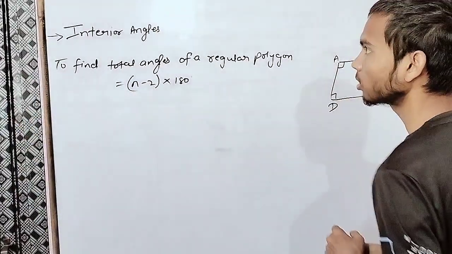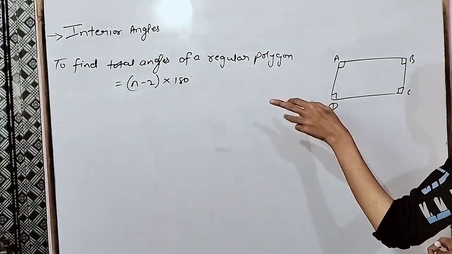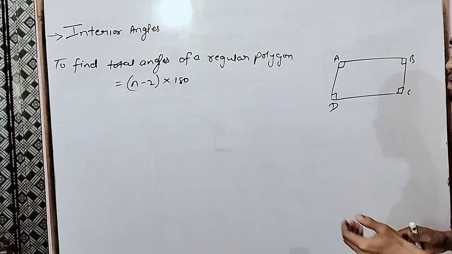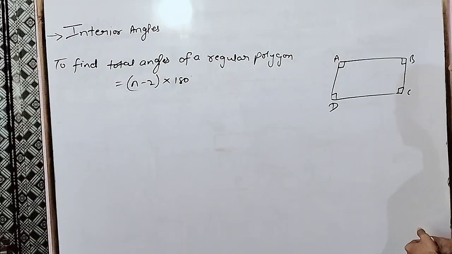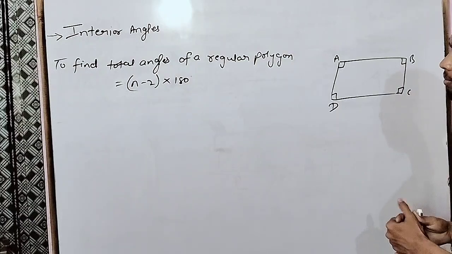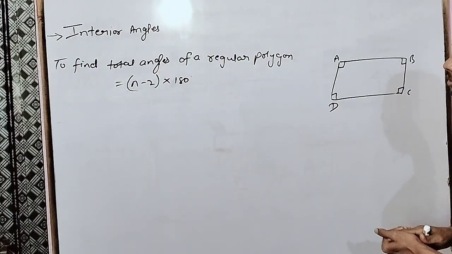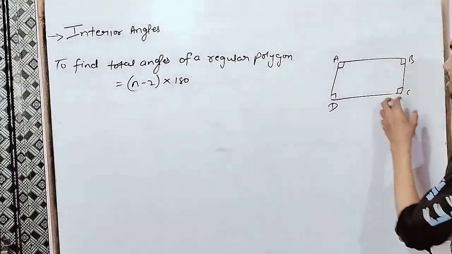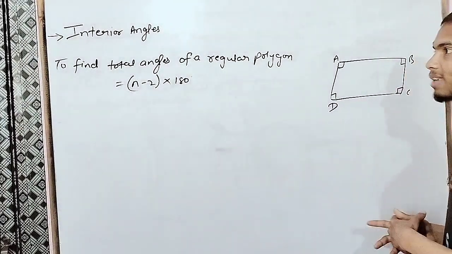N is the number of sides of a regular polygon, and here the values of the angles are the same.